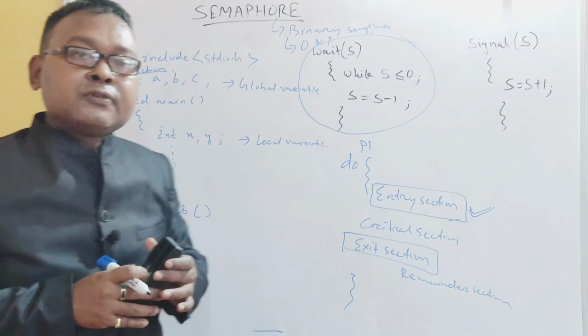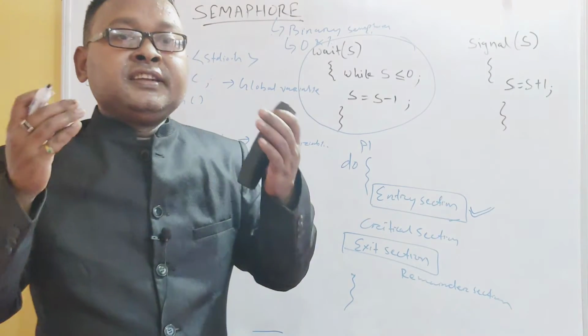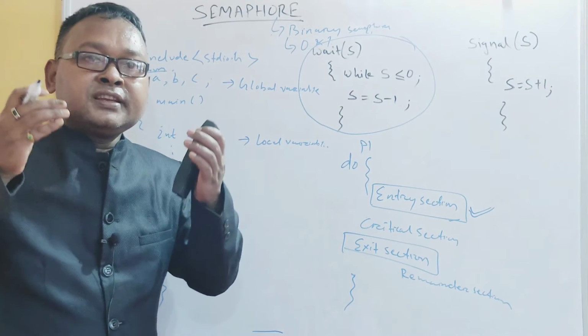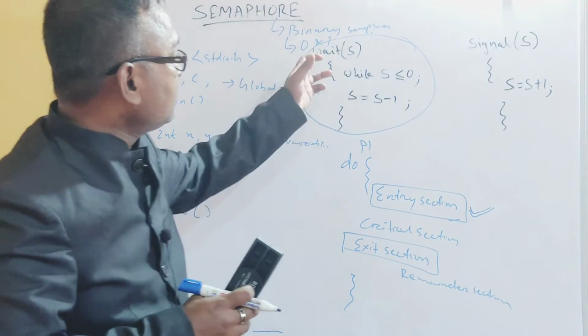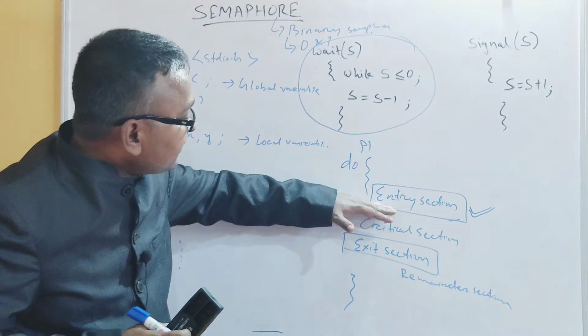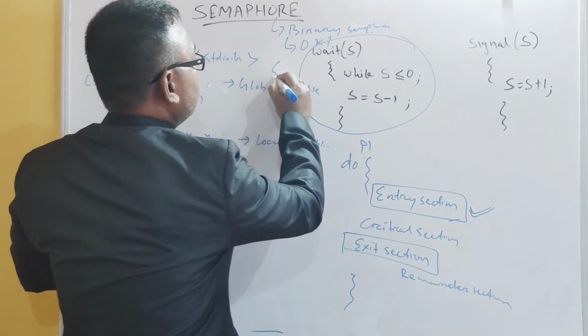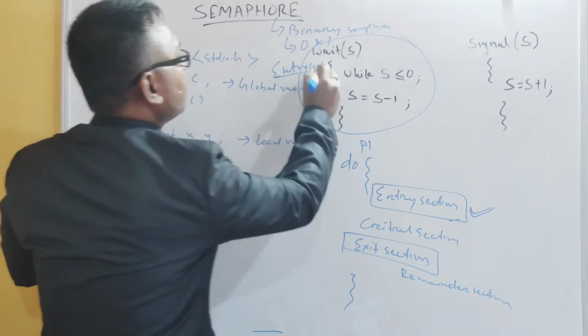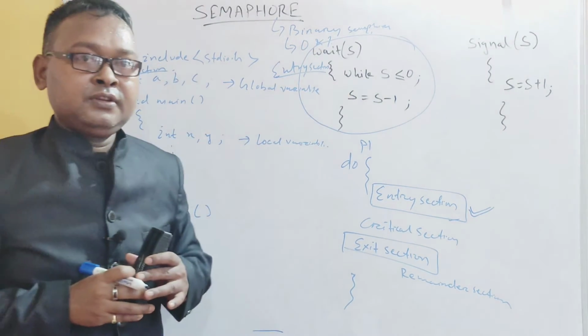So what is a semaphore? A semaphore is an integer value which works by using two atomic operations, wait and signal. The entry section is nothing but executing this particular code.